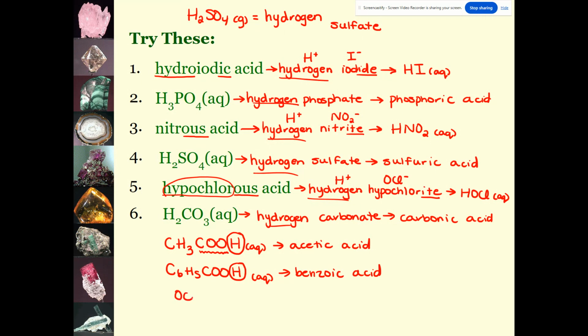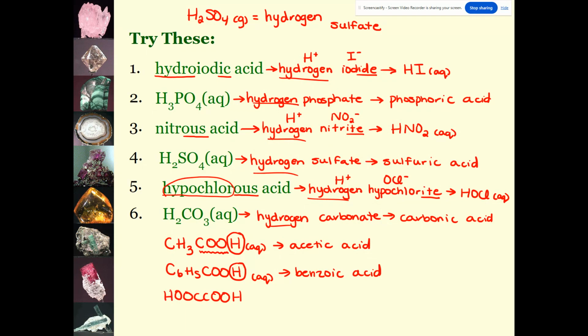And there's actually another ion. It has a 2 negative charge, OOCCOO. Okay? That is the oxalate ion. Because it has a 2 negative charge, I need 2 hydrogens to bond with it to balance the ion charges.